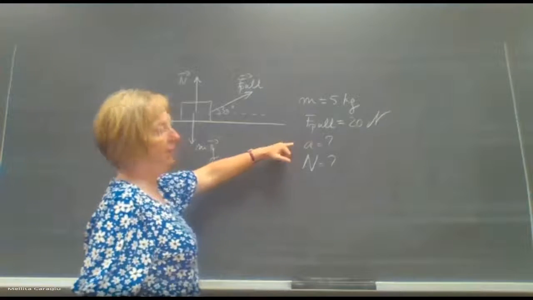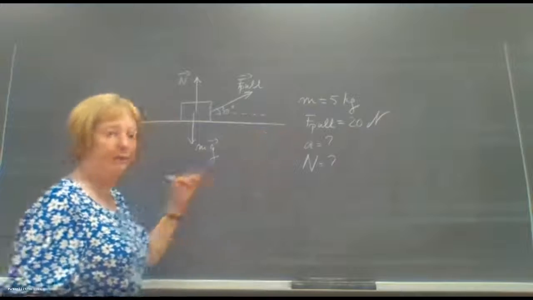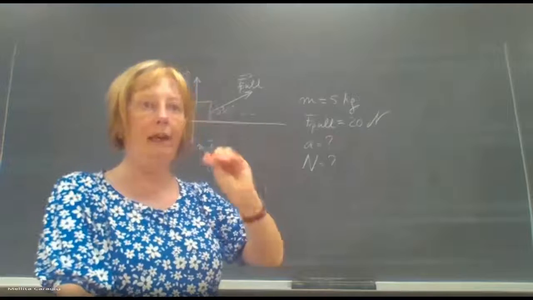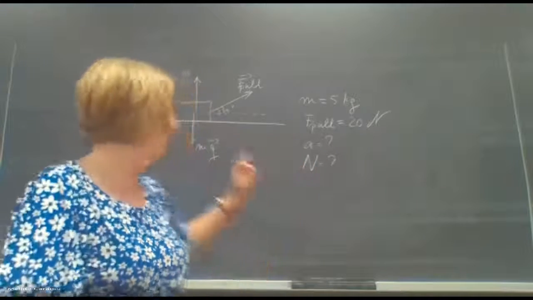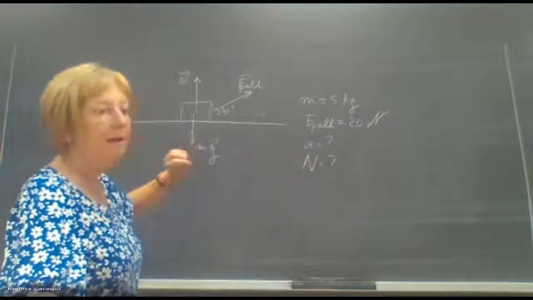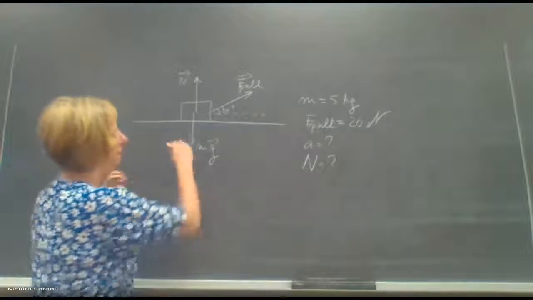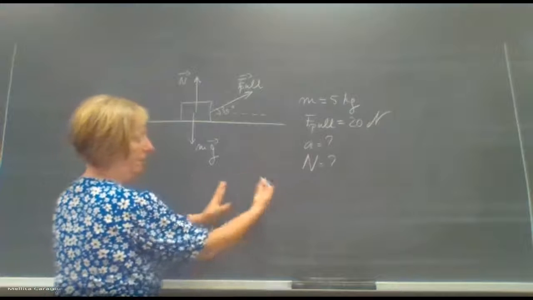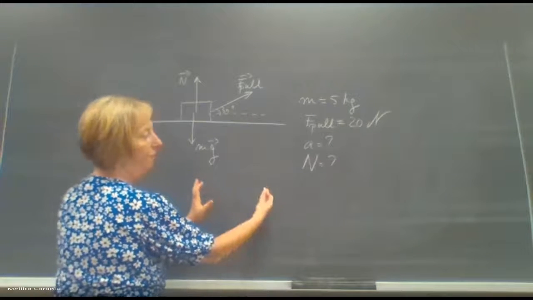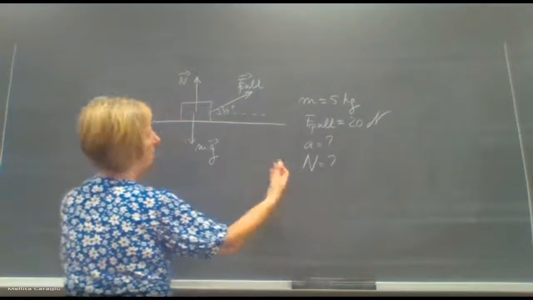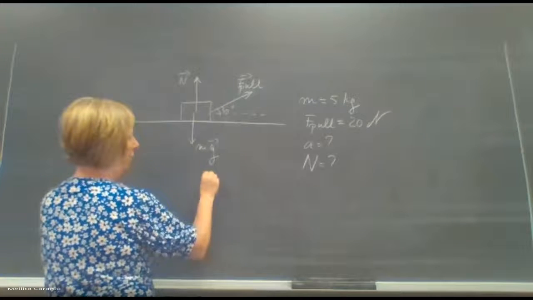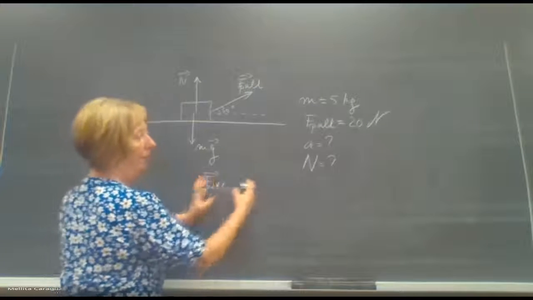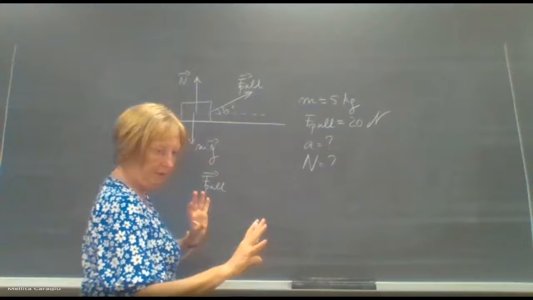And now, every time you're supposed to find an acceleration, you have to start from Newton's second law. Newton's second law says F equals ma, but in the case where you have more forces, that F is the sum of these forces. So instead of F equals ma, it's the sum of all forces equals mass times the overall acceleration. The sum of all forces would be the pulling force, and F equals ma is a vector equation.